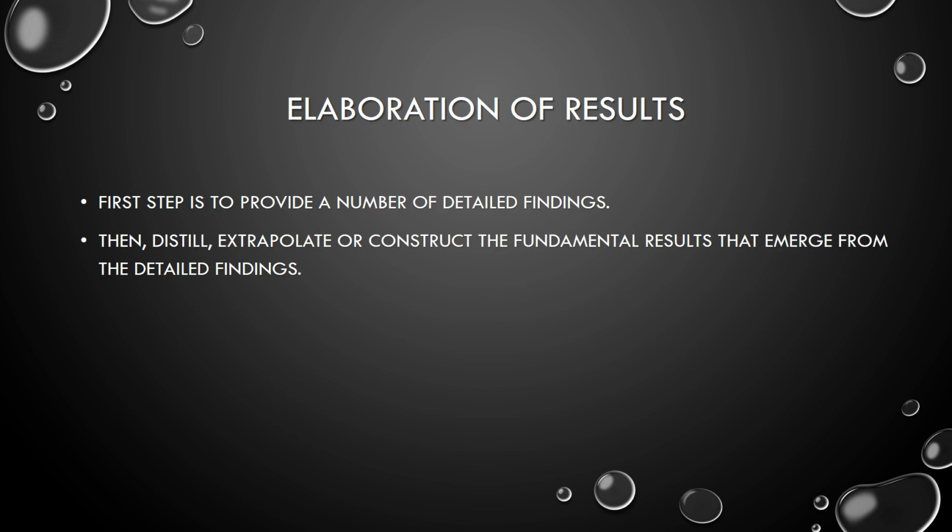And then elaboration of results is to provide a number of detailed findings. You can either put it in chapter 4 or you can put it as your reference, lampiran, behind, in a footnote. If it's not directly relevant to your research, you can put it as a footnote or endnote.